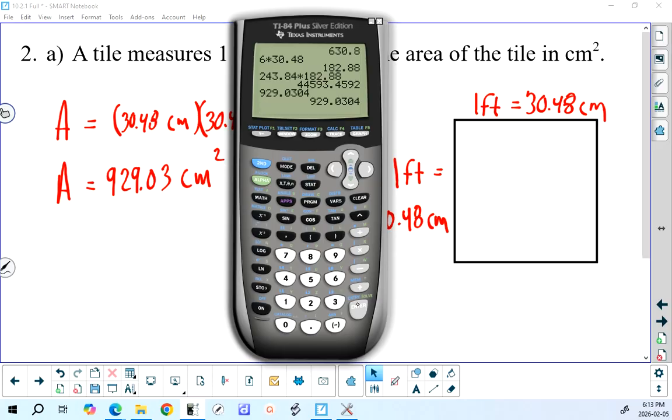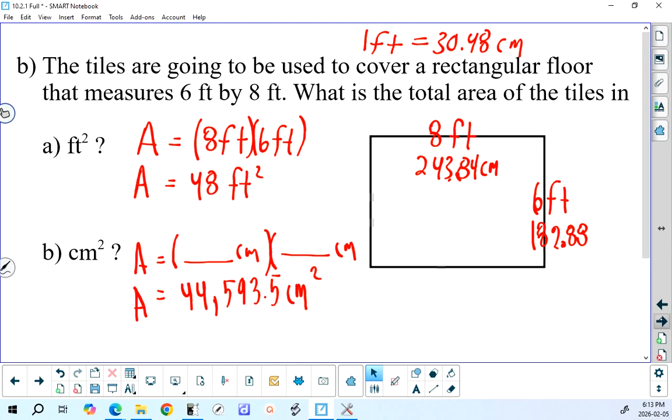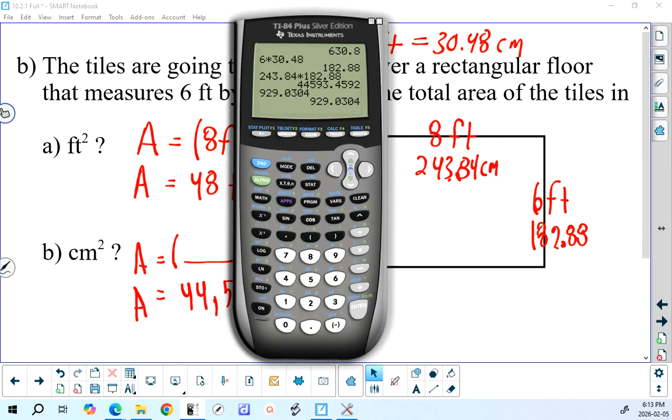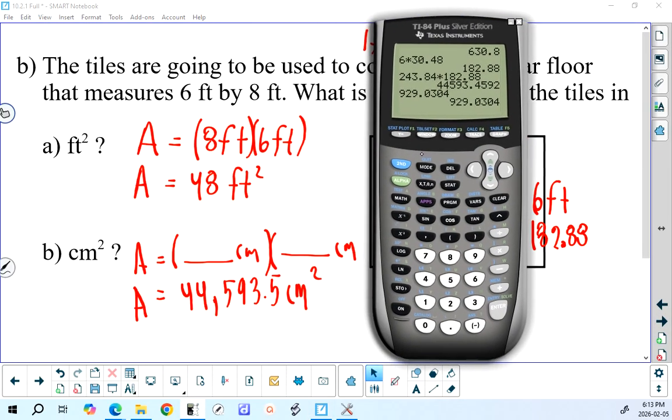This tile you're looking at is a square foot. It's 1 foot times 1 foot. We'd already figured out that it was 48 square feet. So if it would have occurred to you, if the number on my calculator is 1 square foot, if I just multiply that by 48, I get the same answer that I got when I did it the other way.